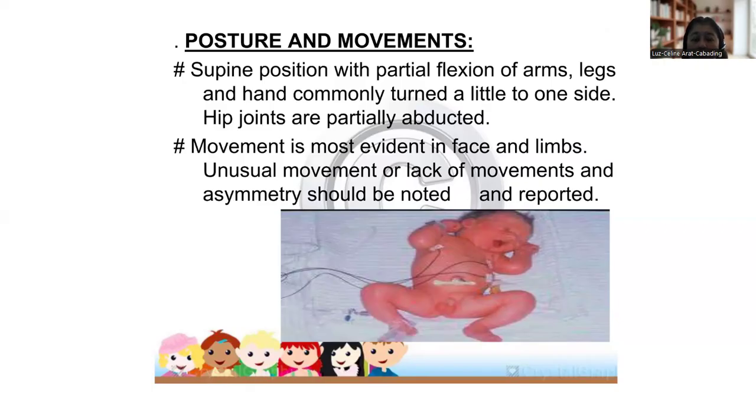Hips and joints are partially abducted, and the movement is most evident in the face and limbs. Any unusual movement or lack of movement, or imbalance, where one side is the only part active and the other is not, is something to be reported.